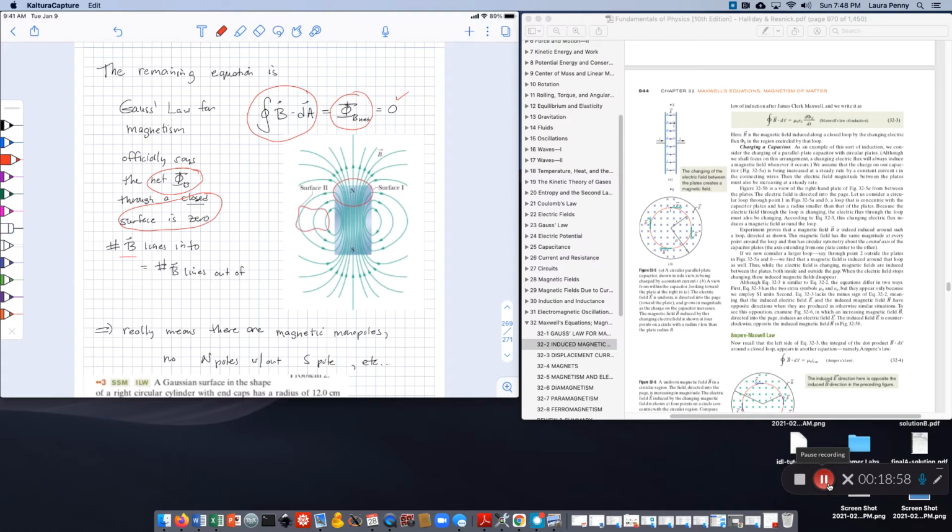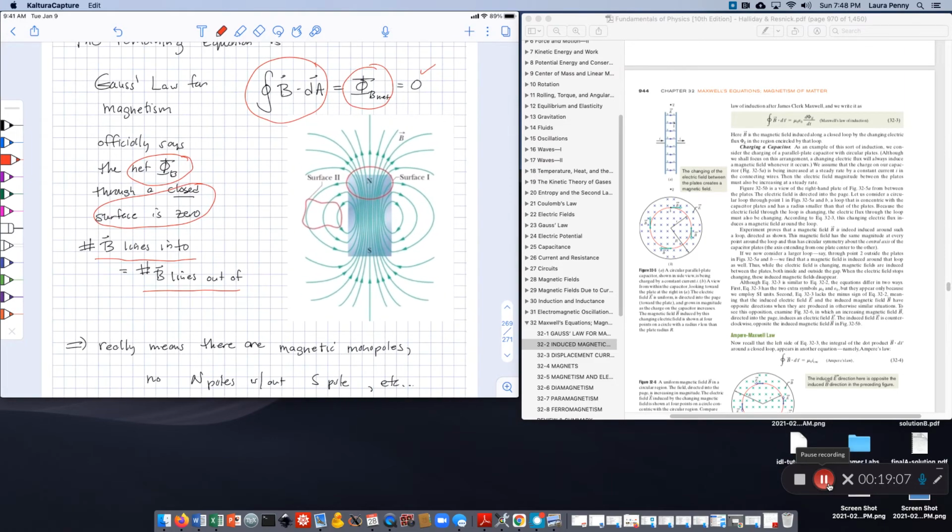It says that the magnetic field lines that go into this closed surface have to equal the magnetic field lines that come out. They've drawn two surfaces here, surface 1 and surface 2. If we counted how many lines come in down here, and how many go out up here, they would be equal.